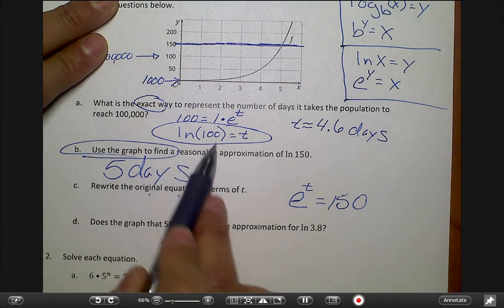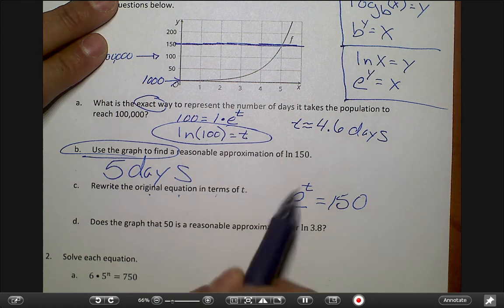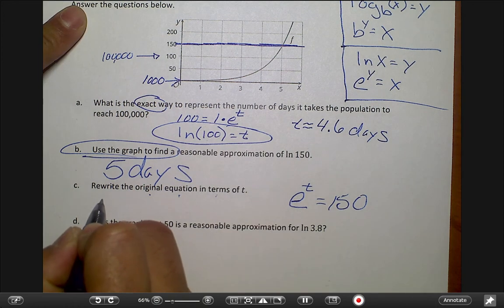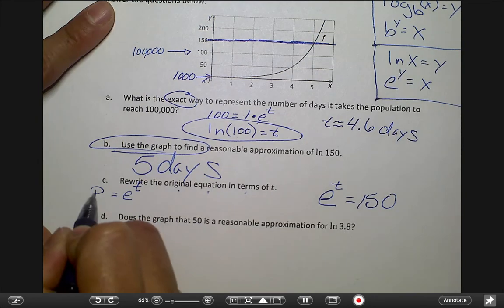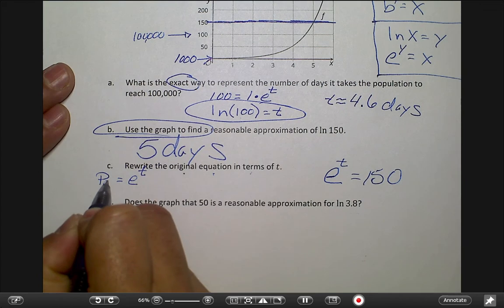This is going to be my y value, right? So if I'm rewriting it, it looks like this. So it's e to the t is equal to my P, which I'm saying P is my population.